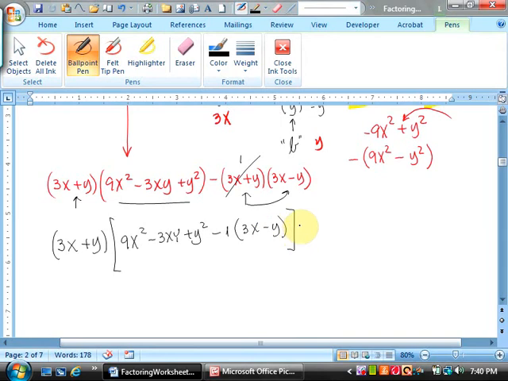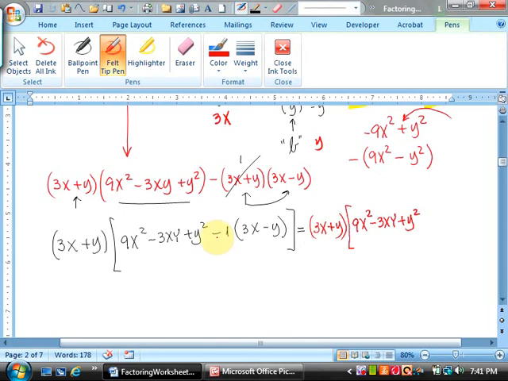And this, even though it is correct, it's still not looking pretty. So let's make it look pretty. I'm going to put the final solution in red. This is going to turn out to be 3x plus y. I'm just copying. Okay. And now 9x squared minus 3xy plus y squared.